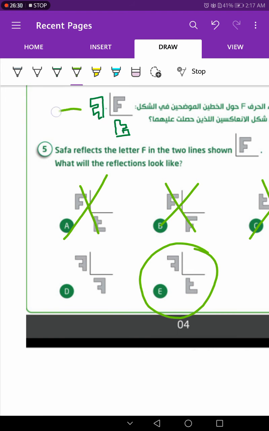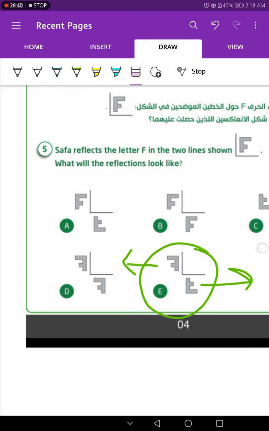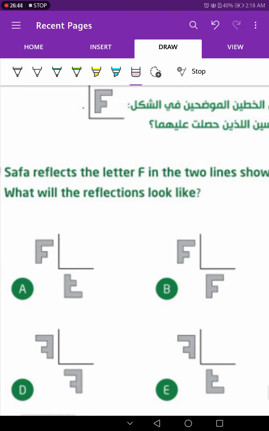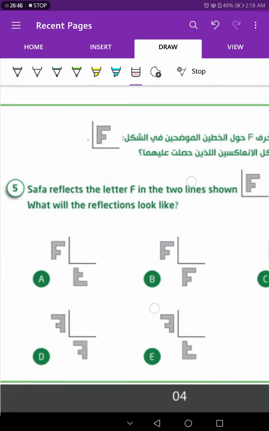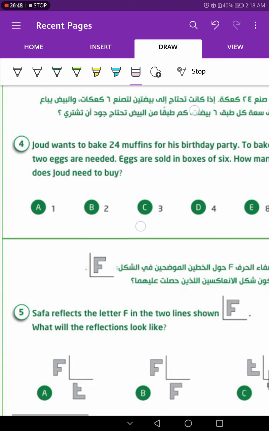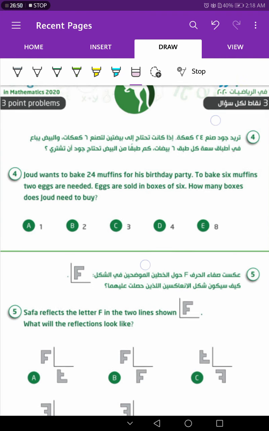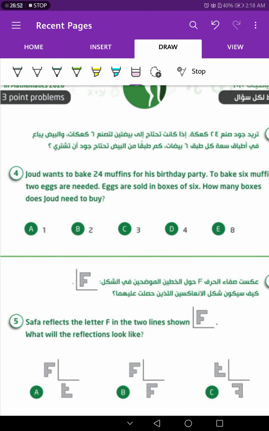C, this way, and this way, and this way. See? So the answer here, the reflect, it is easy. The F, look, reflect horizontally and vertically.